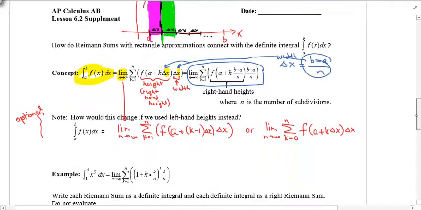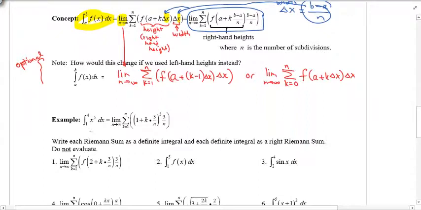Alright, so once again, here's an example of how I've converted the definite integral into this lovely expression of a limit of an infinite sum. Once again, how did I get this 3 over n? That's delta x, which is b minus a over n. We just leave n as n because we don't know how many rectangles we actually have. I want to have as many as possible, so that'd be 3 over n.